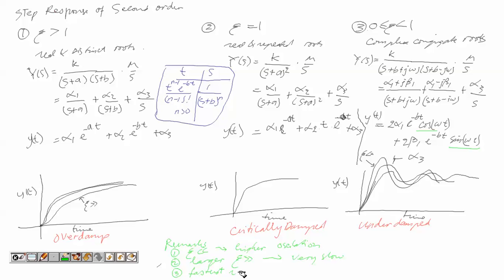And the third remark: the fastest response without overshoot, so without oscillation, is obtained for the critically damped case, when theta is 1.